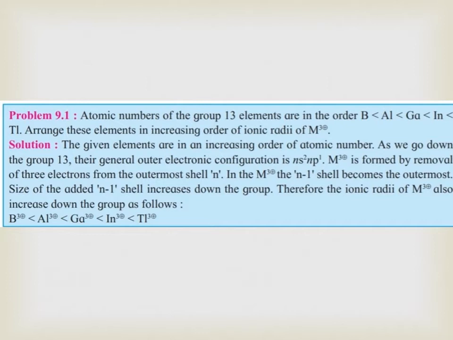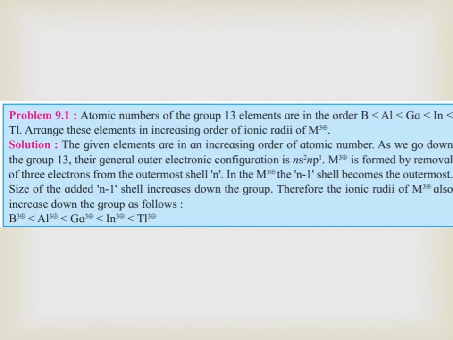Now, my dear students, we have already studied in the modern periodic table that the outermost shell is represented by small n. Then the shell inner to this outermost shell is represented by n minus 1. The inner to inner shell is represented by n minus 2.